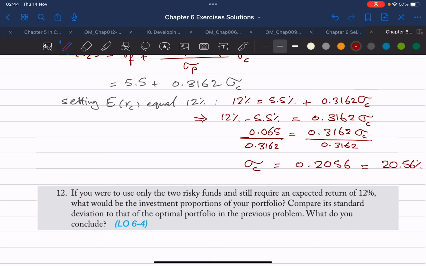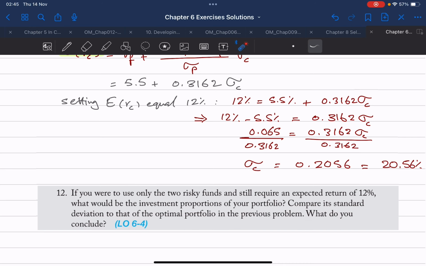Now for question 12, it says, if you were to use only the 2 risky funds and still require an expected return of 12%, what would be the investment proportions of your portfolio? Compare its standard deviation to that of the optimal portfolio in the previous problem. What do you conclude?